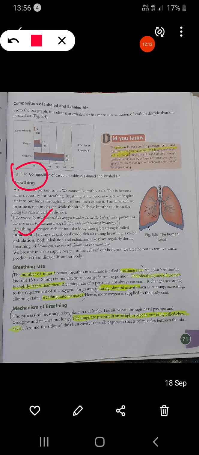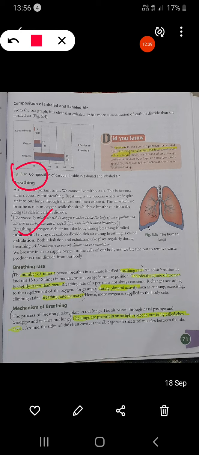Okay. Children, an average human being, a general person, breathes 15 to 18 times per minute. That is also known as breathing rate. In a minute, how many times we breathe? That is known as breathing rate.